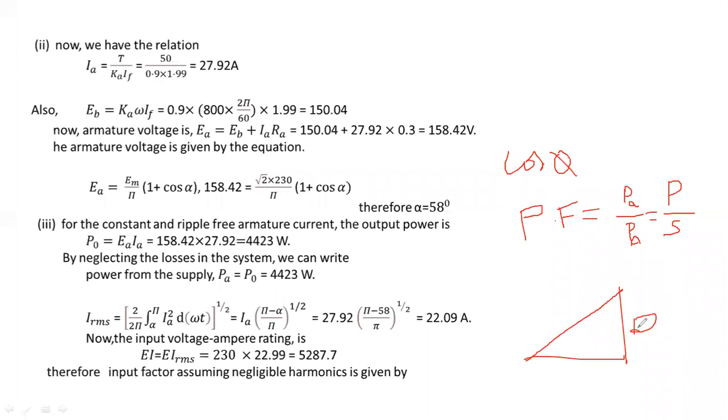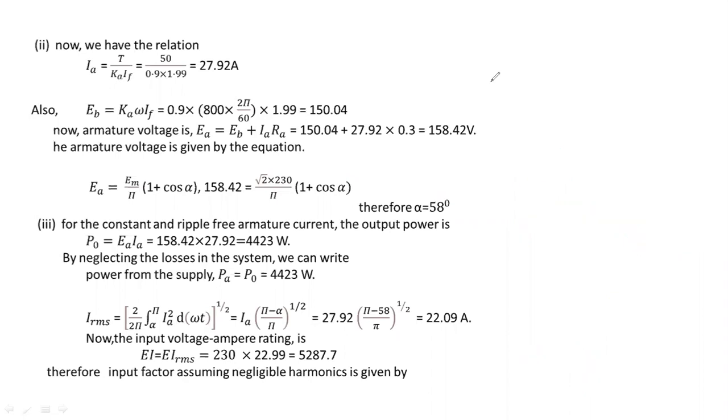This is reactive power on the y-axis, active power which is P on the x-axis, and the apparent power S on the hypotenuse. So here the angle will be theta. So from this relation also we can calculate the power factor, which is P by S. From this triangle, the power factor will be active power by apparent power. So we need to calculate the active power and the apparent power, so that we will get the power factor.